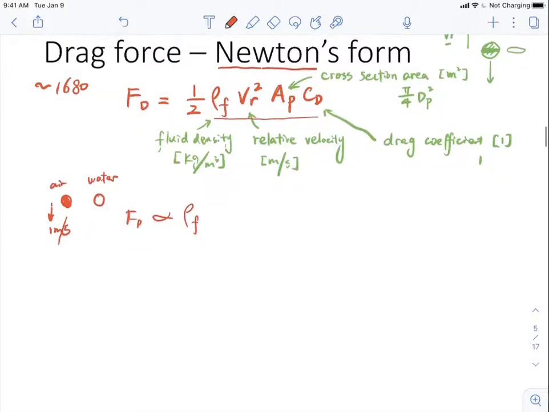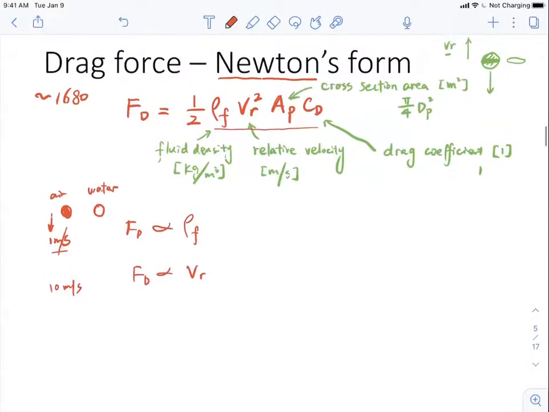The same thing for V_R, the relative velocity. If we want to pull the particle in the air at a speed of 1 meter per second versus 10 meters per second, the drag force will be very different. I think the achievement that Newton has done is he found that we should use V_R squared in this equation.